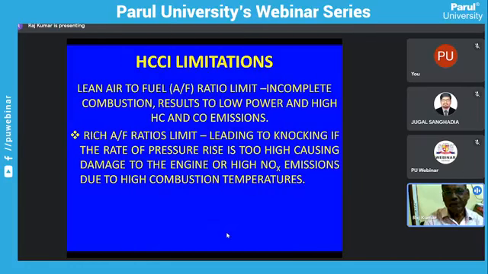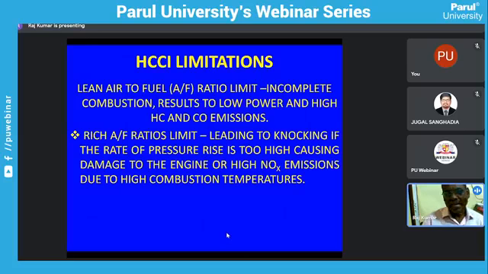Now there are limitations of HCCI engines, because if the mixture is lean, then sometimes incomplete combustion may result, which will lower our power, and high hydrocarbon and carbon monoxide emissions will take place.